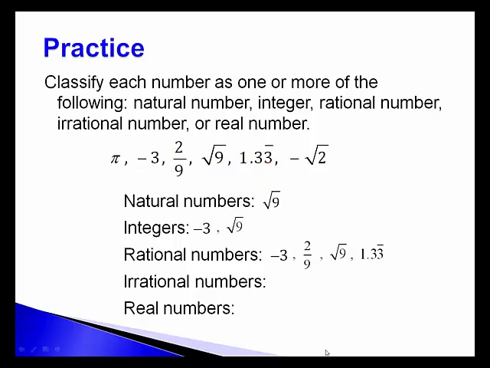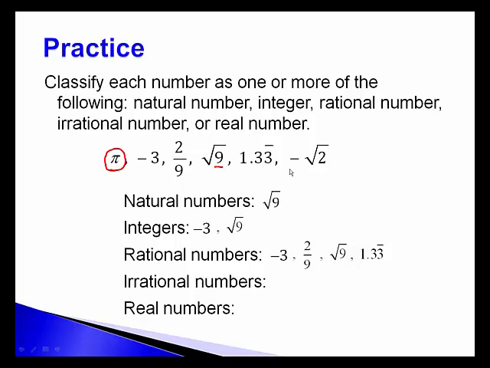Now let's look for our irrational numbers. Those are numbers that do not terminate or repeat, such as pi and e, and also square roots whose radicands are not perfect squares. So let's look across our list. The first one we see is obviously pi. As we look across our list, we see a square root, but remember the radicand cannot be a perfect square. 9 is, so we do not put it into this list.